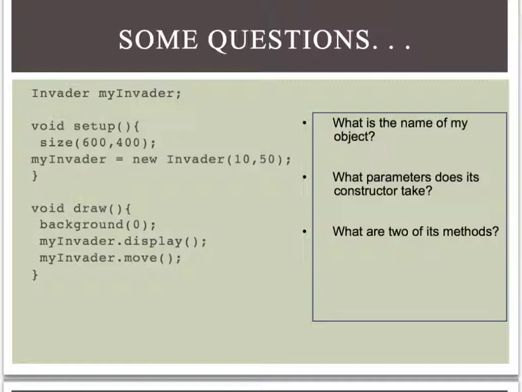So judging from that, you might realize that the constructor for this class takes two numbers. It looks to be integers or possibly floats. The next question is, what are two of the methods of an invader? Well, you can probably easily tell by now that display and move are two of the methods that we can see for an invader.